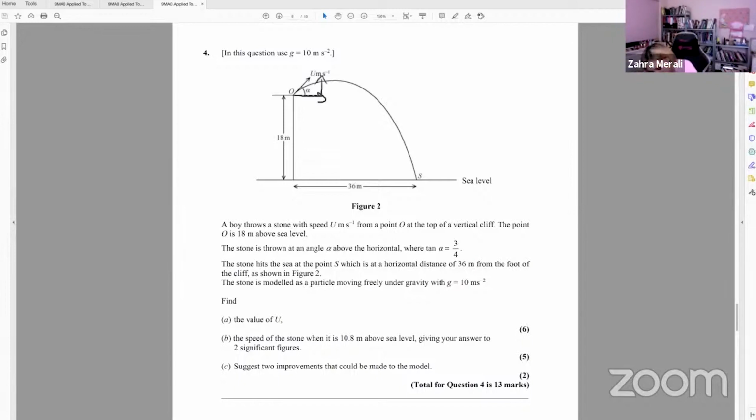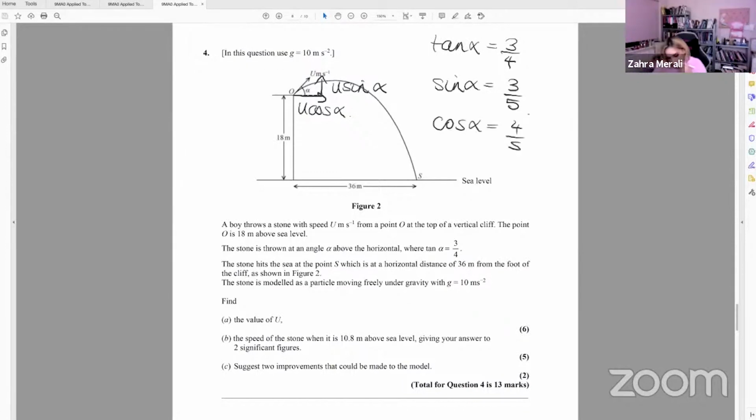Resolve up and down: u sine alpha, u cos alpha. We've got tan alpha equals 3/4. So sine alpha is opposite over hypotenuse, 3/5, and cos alpha is 4/5. We're going to do horizontal and vertical SUVAT. We're going to think about what's happening here.